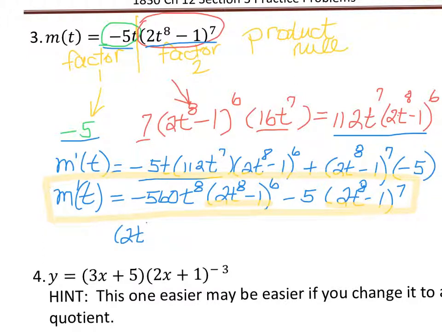2t to the 8th minus 1 raised to the 6th power. And if you factor that out of your first term, what you have left is the negative 560 t to the 8th power.